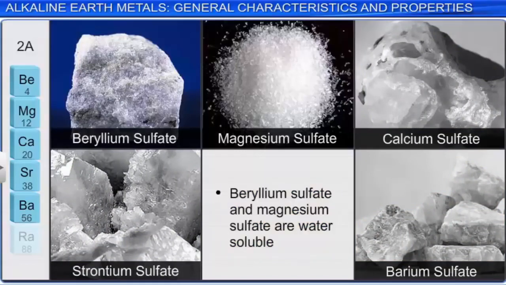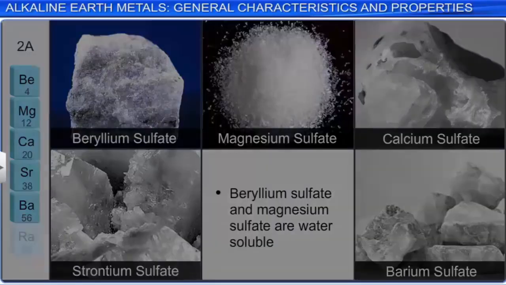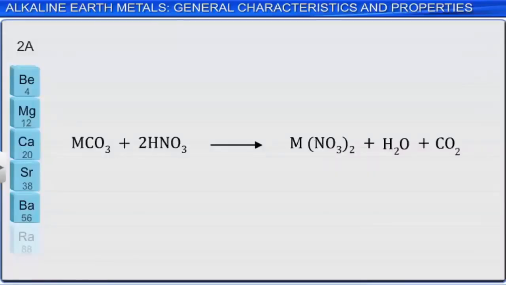Beryllium sulfate and magnesium sulfate are water soluble. But the solubility of this class of compounds decreases down the column. This is because beryllium and magnesium ions have higher hydration enthalpies than the other metals in the group.